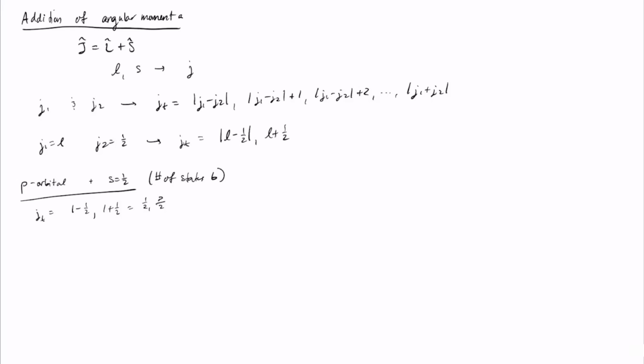Okay, so first we'll have j sub t equal to 1/2. And from this we know that m sub j can start at minus 1/2, and then it keeps going by plus 1 up until we get to plus j sub t, so this goes up to 1/2. Okay, so there's two values there.